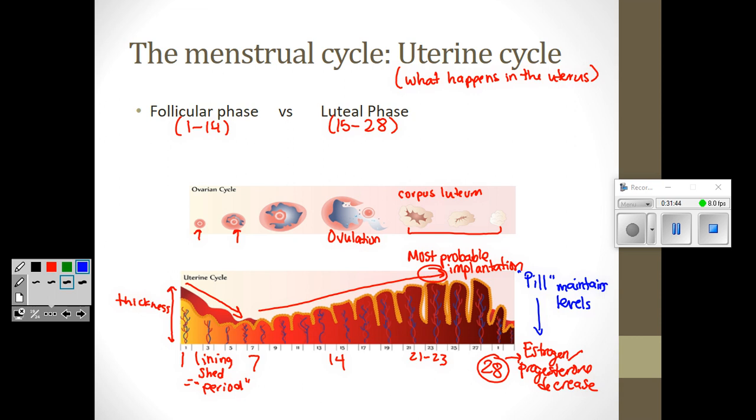So instead of letting them decrease, it maintains them, tricking the woman's body into thinking that she's pregnant so that she doesn't continue to have a normal menstrual cycle. Not every pill has the same exact function. There are different versions of the birth control pill. Some of them are progesterone only. Some of them have a combination of progesterone and estrogen.